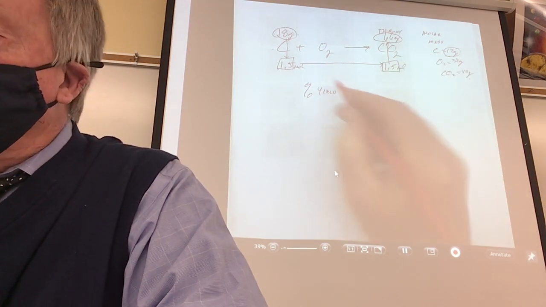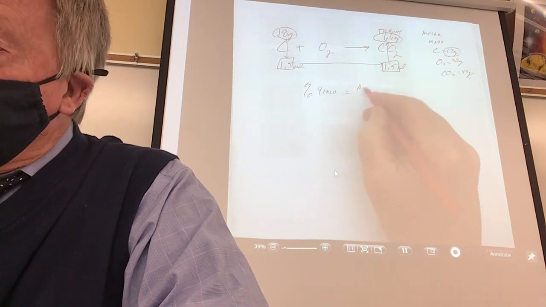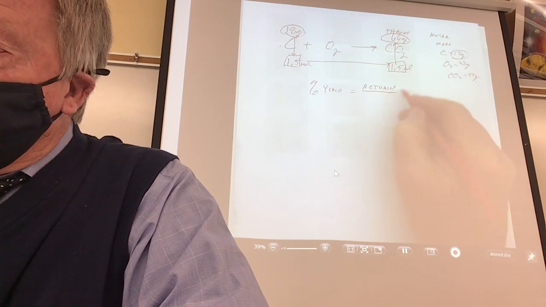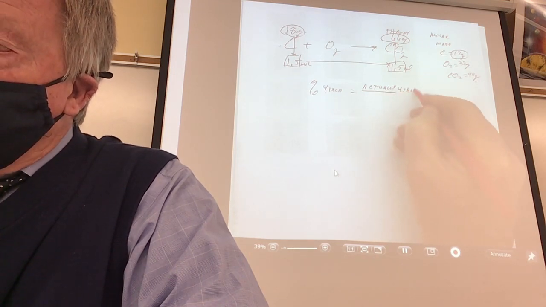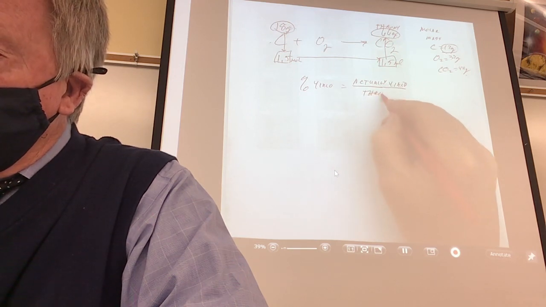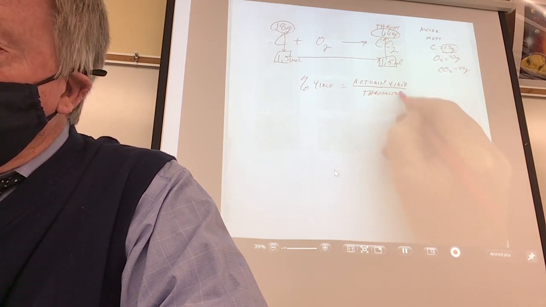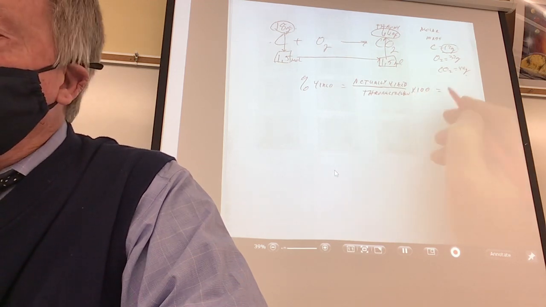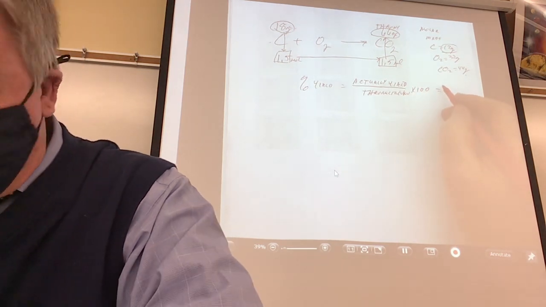Okay, hang on just a minute. I need the actual yield, somebody has to actually do the experiment. Actual yield over the theoretical yield times 100. That just moves the decimal over. What was the actual yield?